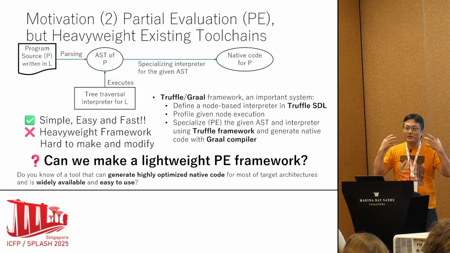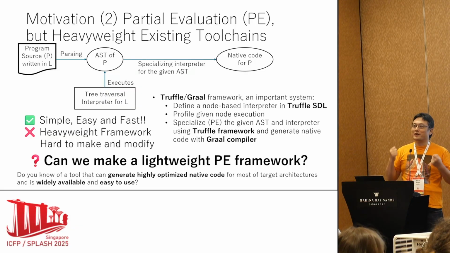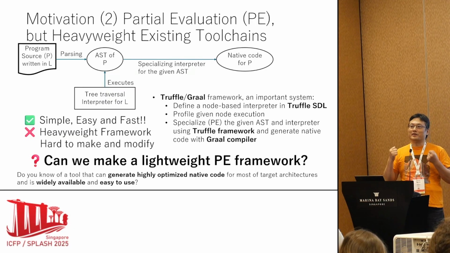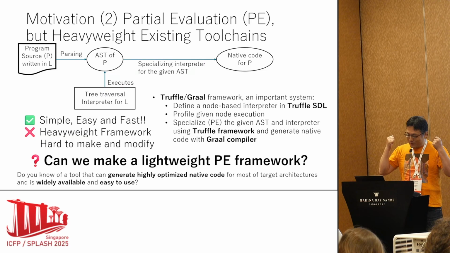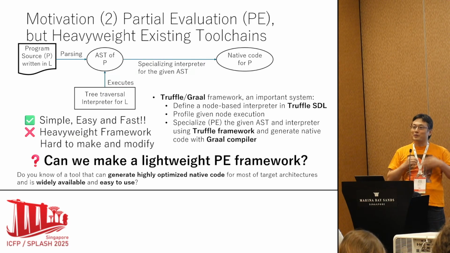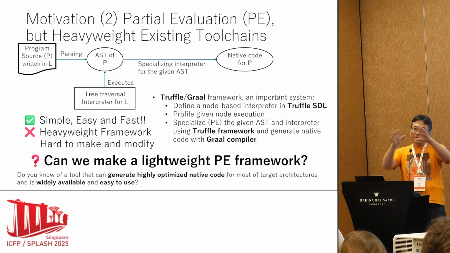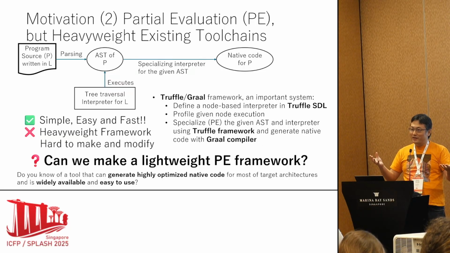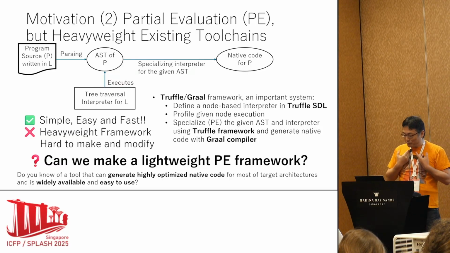To make a language, we only need to write the behavior of the interpreter, each node. But we need to use Truffle or a similar framework. It is such a huge infrastructure, and it is difficult to modify. It's difficult to use, at least for me.